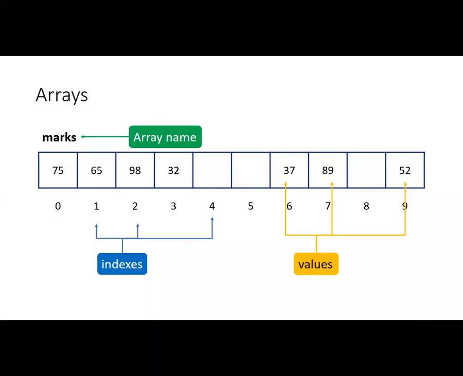This is the first element, but its index is 0. The second element has index 1, just like that. There are 10 indexes, 0 to 9. We can store values, and those are the elements of the marks array.